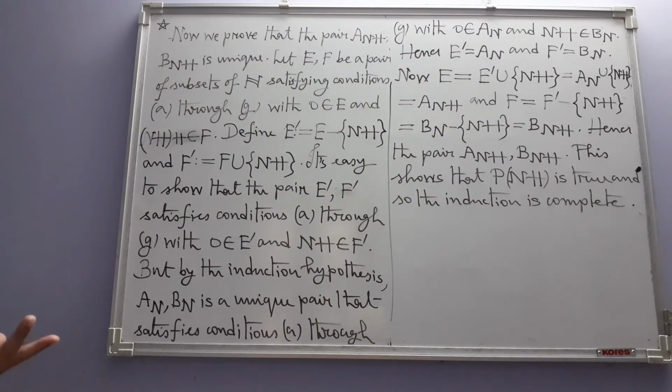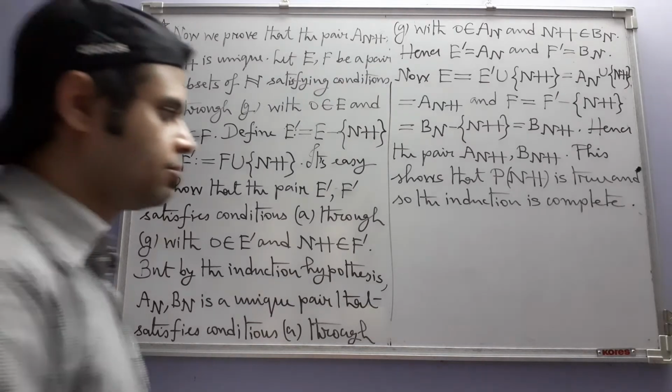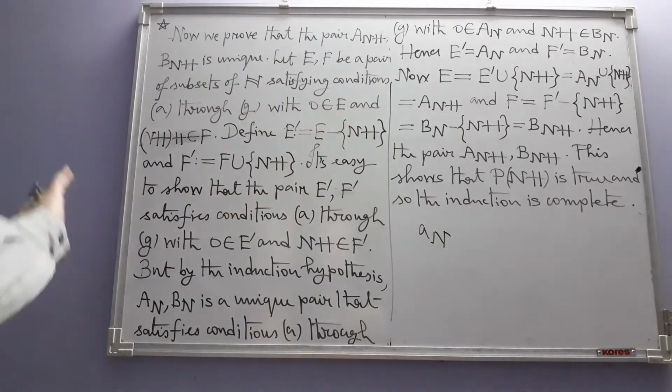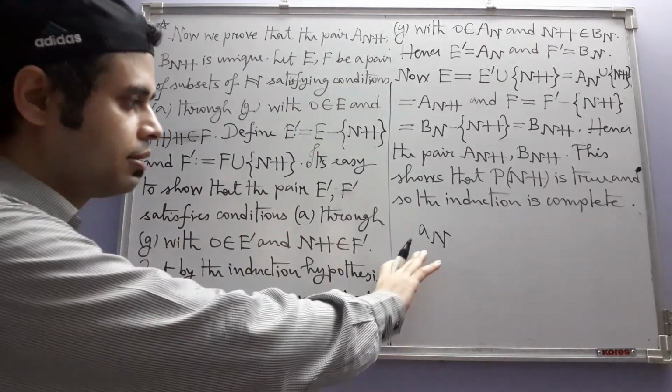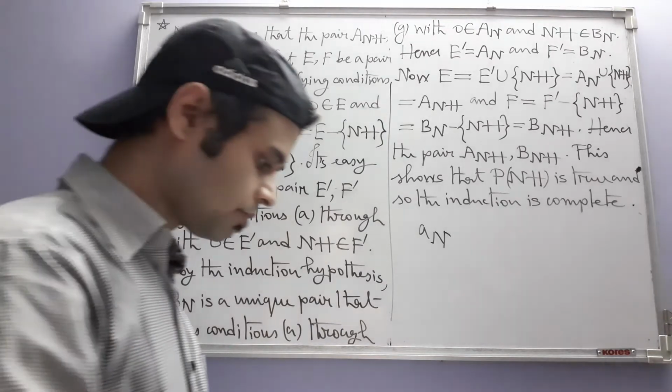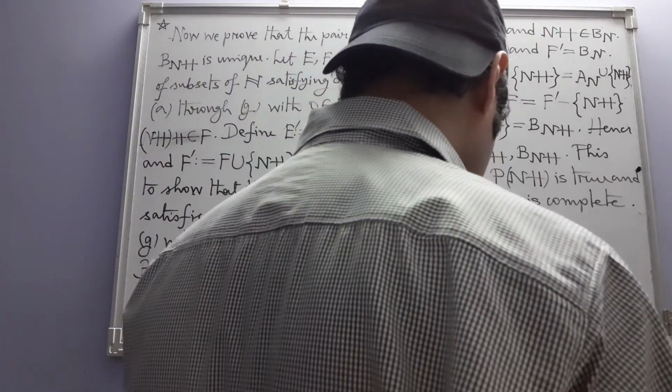Now, having this pair of sets for every natural number, we will be in a position to again define those functions An and proceed exactly similarly like what we did in that first paragraph. So let's just mention some things about that.